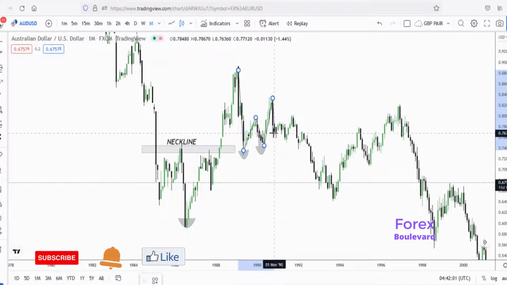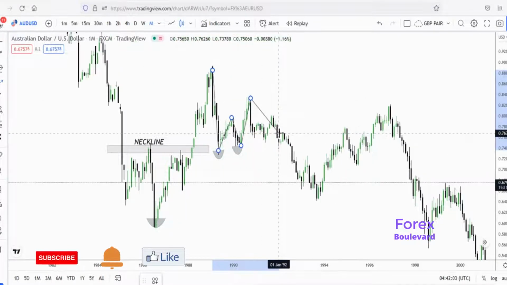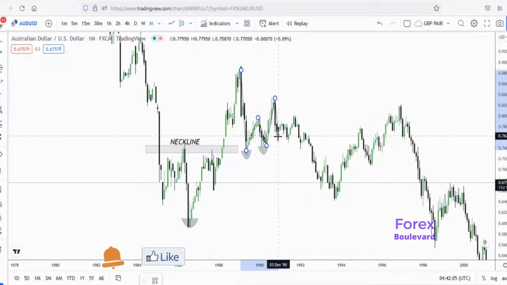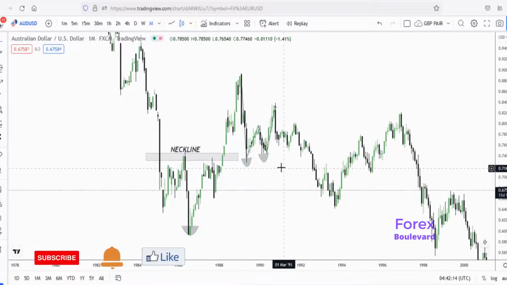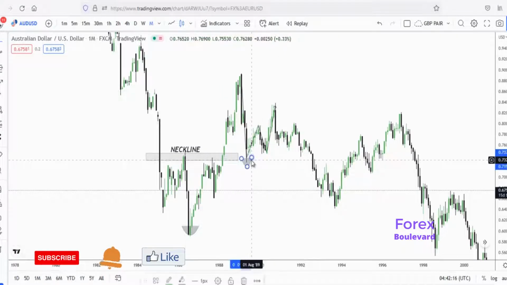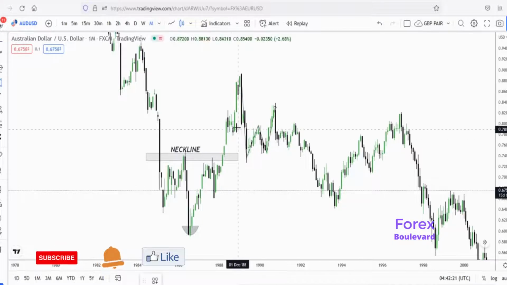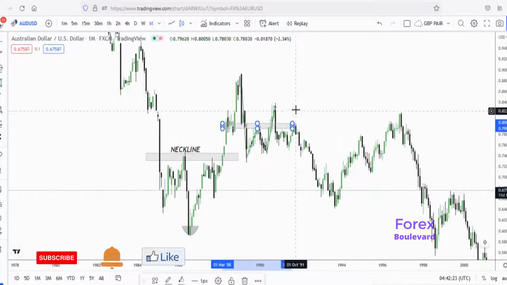But this was a failed double bottom. Whether it failed or was successful, the idea here is for you to understand the general concept of how these things play out. Then we have the neckline here, and for this one, we have the neckline here.